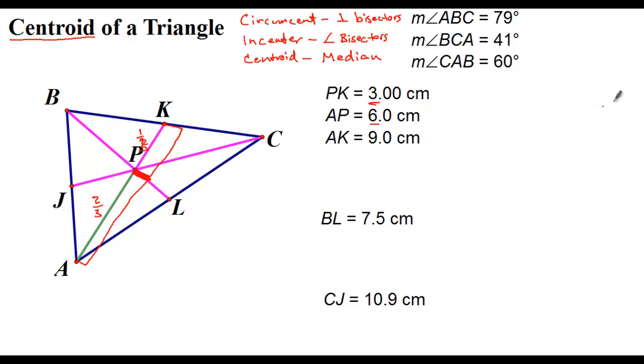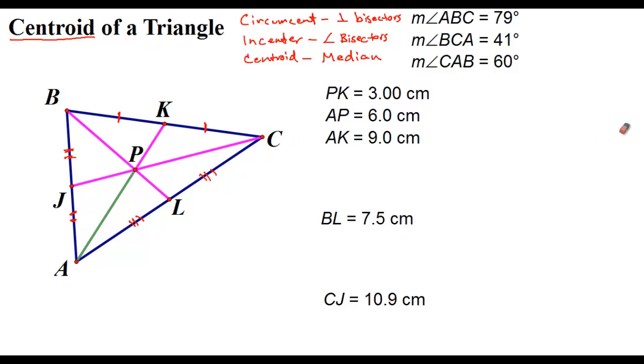So the point of all this is that you can look at a picture, identify the medians. The way you'll know it's medians is you'll know these are midpoints. So, for example, these might be marked to let you know that's a midpoint. And then it goes through the opposite angle.